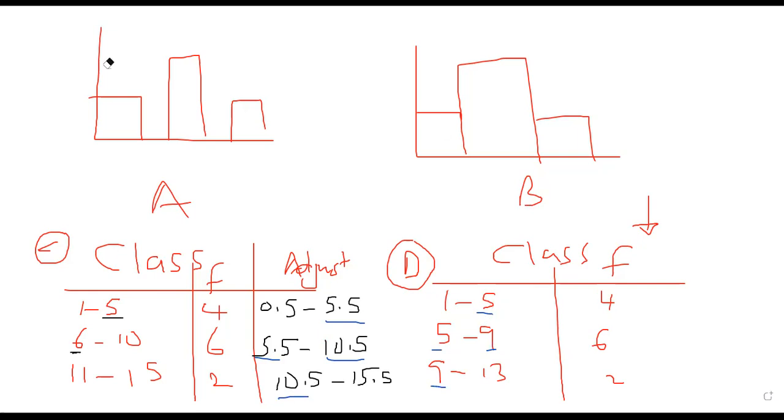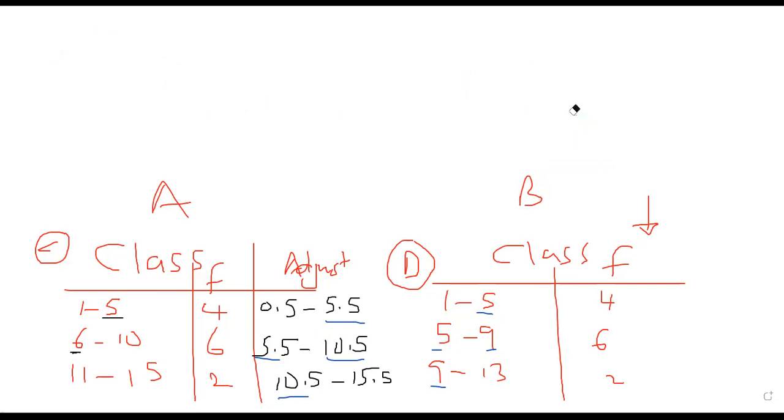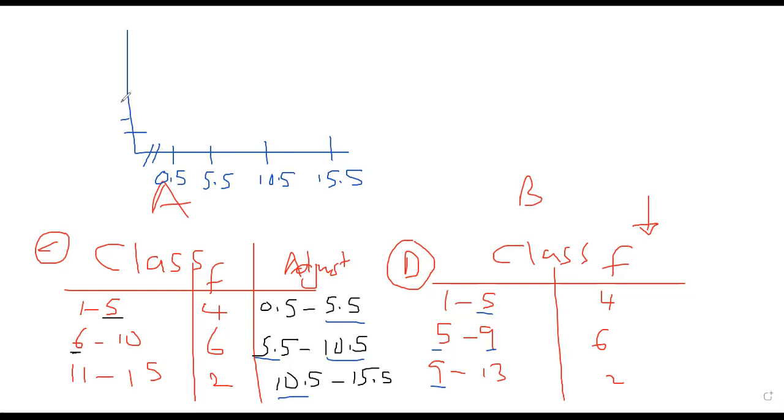So when do we adjust? When you see that there's a gap remaining. So now we're able to draw a histogram for C. You cut it here because sometimes it's not starting from 0 exactly. So we have 0.5, 5.5, 10.5, 15.5. For the frequencies we have 1, 2, 3, 4, 5, 6.